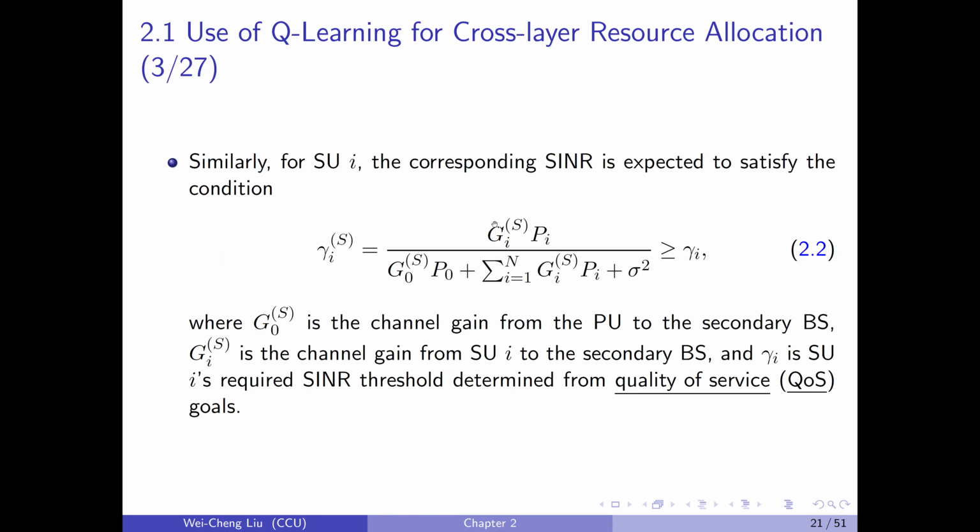In equation 2.2, gamma_i^s is the corresponding SINR for secondary user i and can be computed by this equation. And gamma_i^s must be greater than or equal to gamma_i, and gamma_i is secondary user i's required SINR threshold determined from quality of service (QoS) goals.